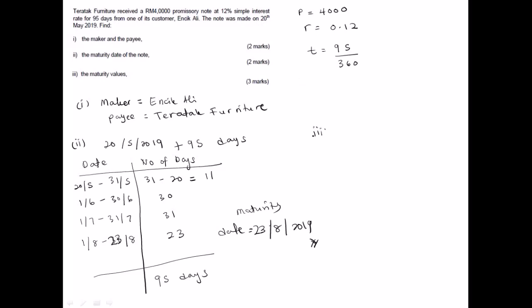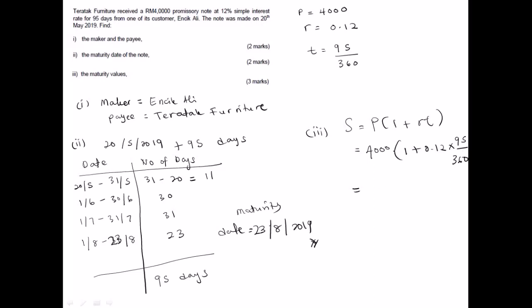Number 3, the maturity value. Here we can use S equal P(1 + RT). Substitute. Okay, straight away use calculator.